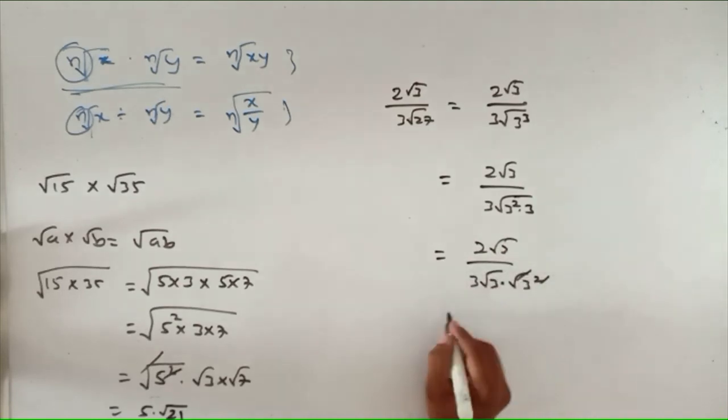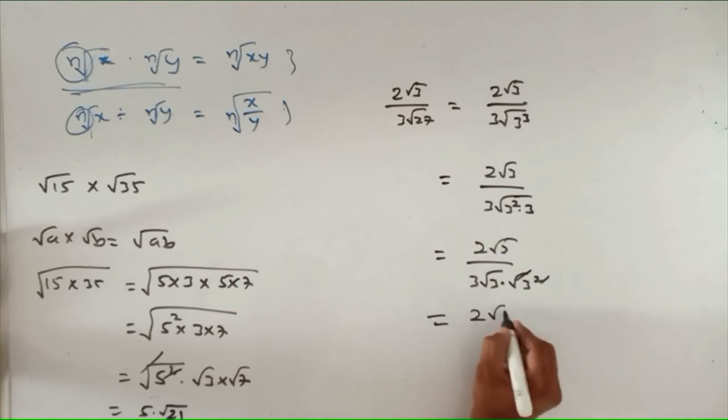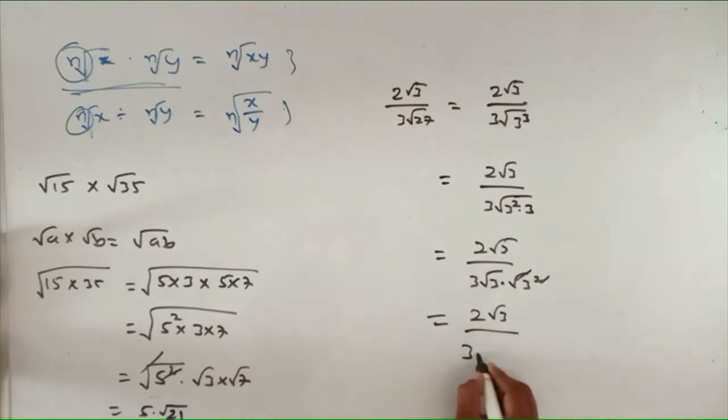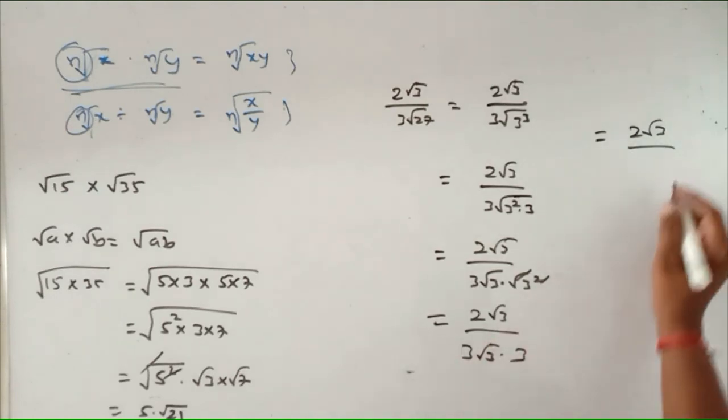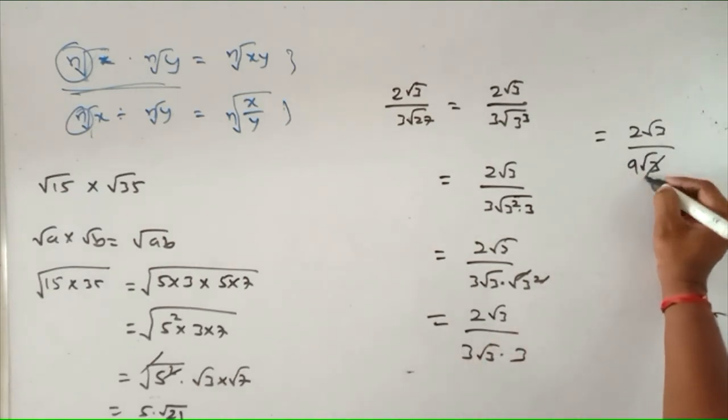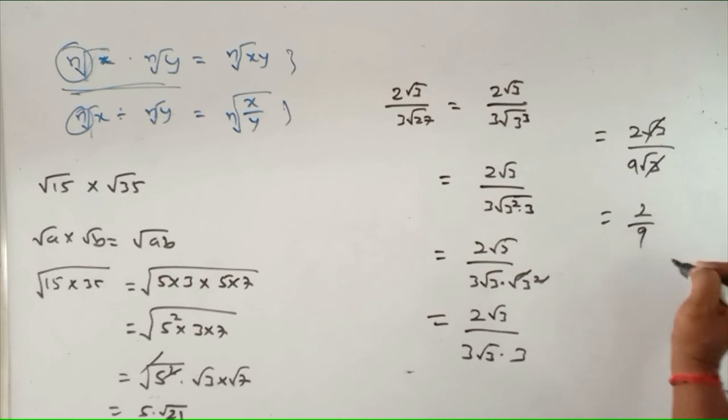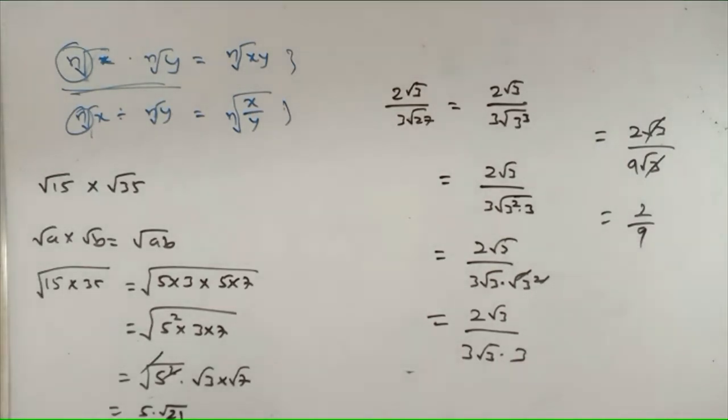Square root cancel. 2 root 3 by 3 into 3 root 3. So that's equal to 2 root 3 by 9 root 3. So root 3 cancel. The answer is 2 by 9. So in this way we will simplify the problems. So thank you.